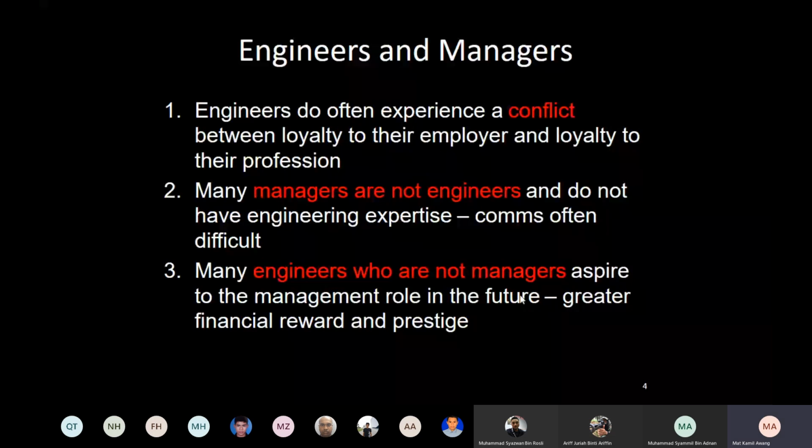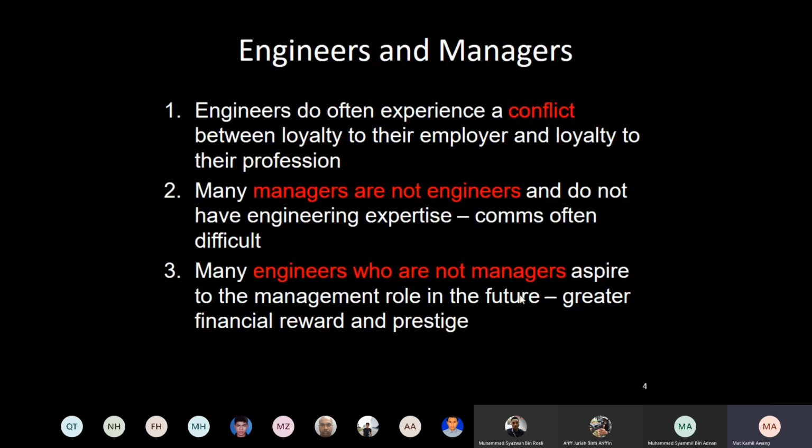And you feel that if you cut the cost, then maybe you compromise on the safety of the product. So which one do you want to be loyal to? Do you want to follow the managers, or stick to your profession, where the profession says that the safety of the user is paramount, is critical?